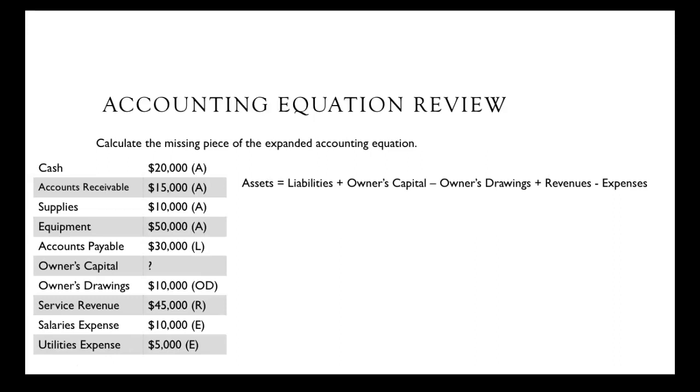Where all the assets are together and it's in line of the expanded accounting equation. It's probably not going to be that way when you are taking an exam. So if you can break up each of those accounts into which category they fall under, it could be helpful for you. So now the next step is just to plug in all of these numbers.